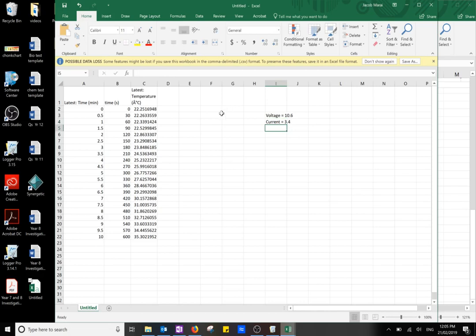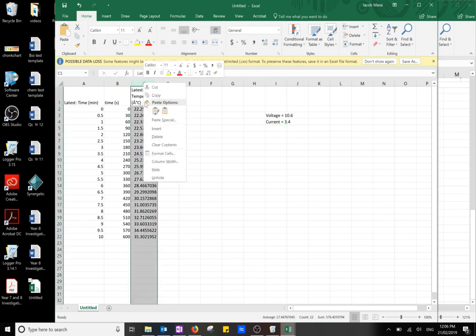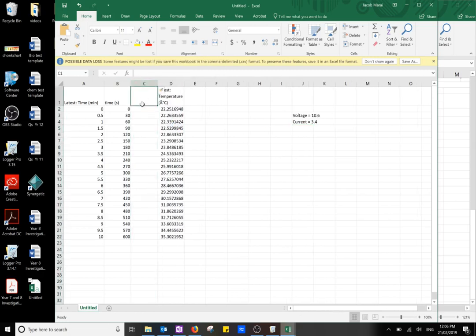Now, what else do we want to insert next? Let's go energy. Insert energy provided in joules. Again, I should wrap text so I can see what's going on. I'm going to go equals bracket. Now, energy is going to be current times voltage times time.